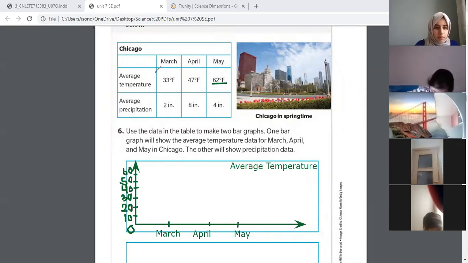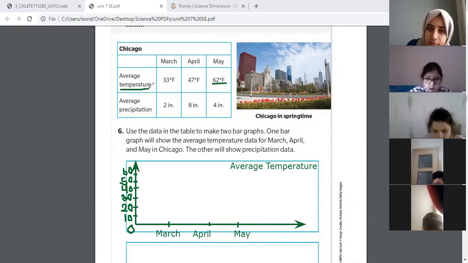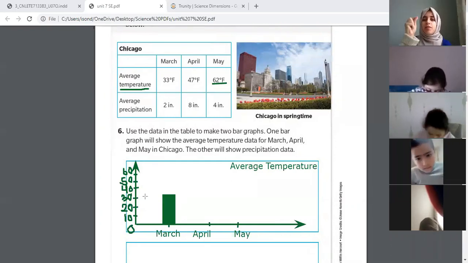So Rana, what was the average temperature for March? March was 33. So because it was 33, I'm going to make sure that it's close to 30 when I draw the bar. It has to be a little bit above 30 because it's 33.